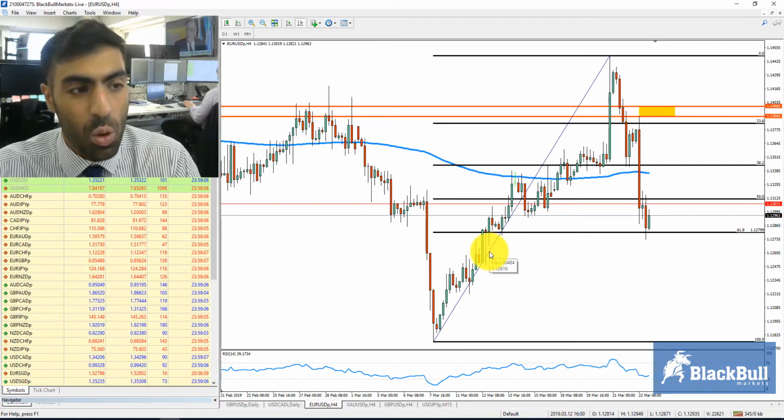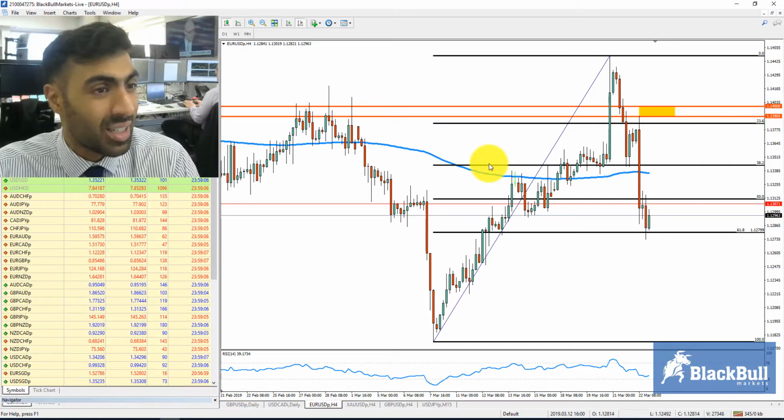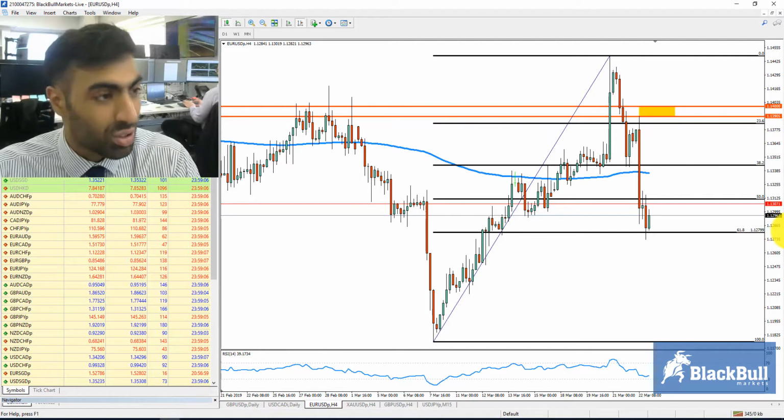So if you are bearish on this cross, a break of the 112.79 again could see you travel lower into this space here, which would be extremely bearish for the euro dollar, for levels not seen since earlier this month.